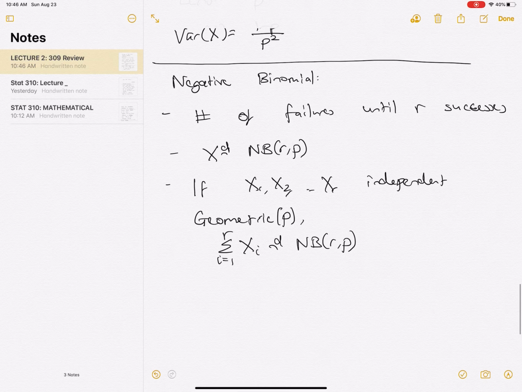And so I'll write down the formula for the PMF.